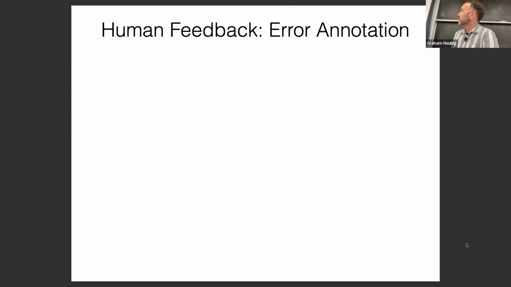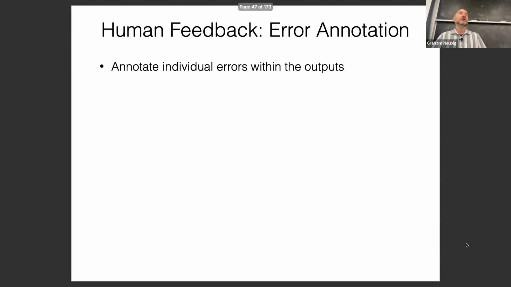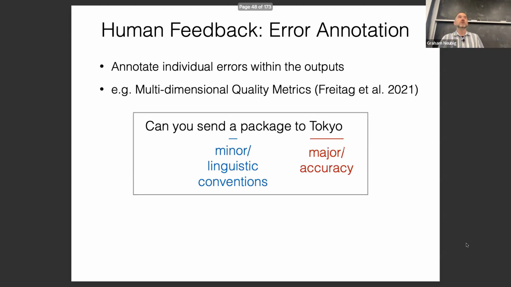Cool. Another way you can get human feedback is error annotation. This is annotating individual errors within the outputs. It looks something like this. Again, a lot of my examples are from translation because I do a lot of work in translation, but translation also has a very long history of this sort of human evaluation, so it has strong established practices. One example is an ISO, International Organization for Standardization standard for how you annotate these translation outputs, called multidimensional quality metrics.